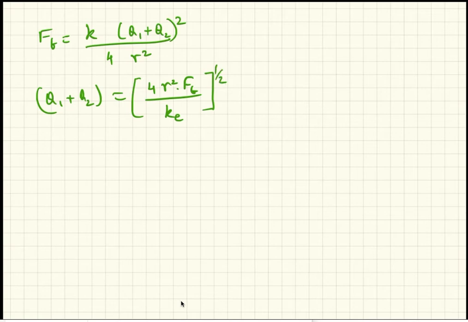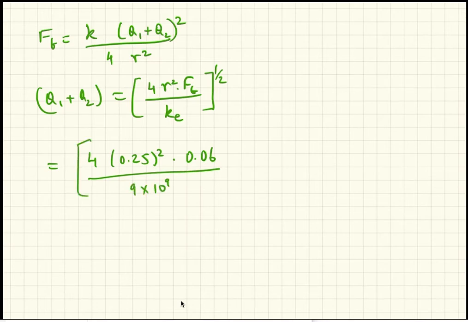Okay, so let's evaluate that. 4 times 0.25 squared times the final force, 0.06 newtons, divided by 9 times 10 to the 9. And they're all in SI units. Remember, I haven't put in units just to not deal with the clutter.